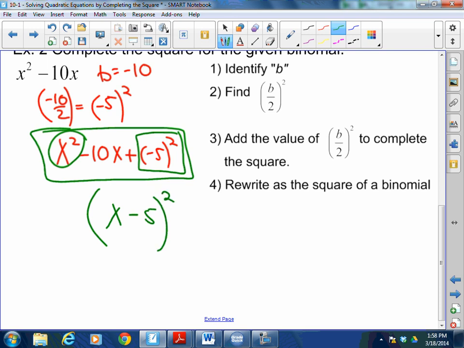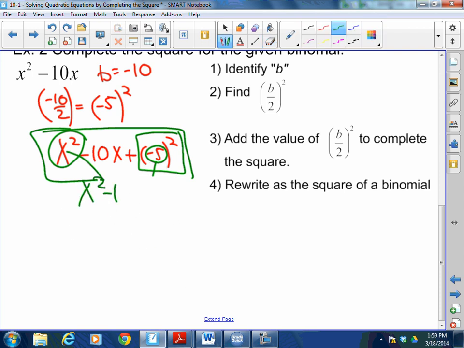So basically, the square root of this and the inside part of the last one, the b over 2, you put them together, square it, you're done. And that's how you complete the square. We're going to do more questions. The negative 10, I already factored this. I'm doing a shortcut.